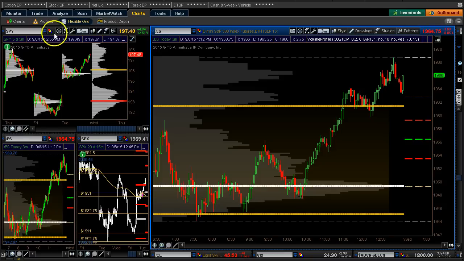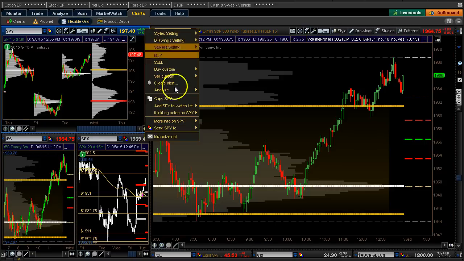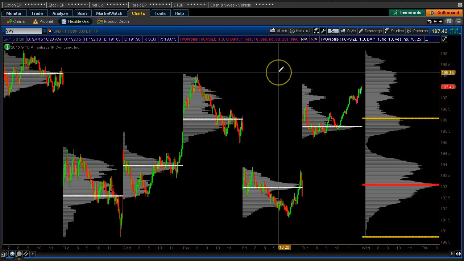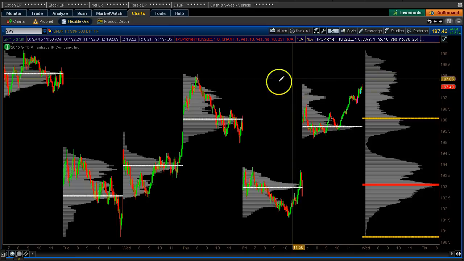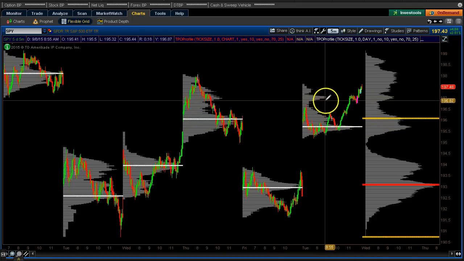Okay, now there's also what's called the TPO, volume or time. Let me open this. This chart is a TPO, time profile. Okay, or sorry, time price opportunity profile. Okay, what this is, instead of only price, it's also time.